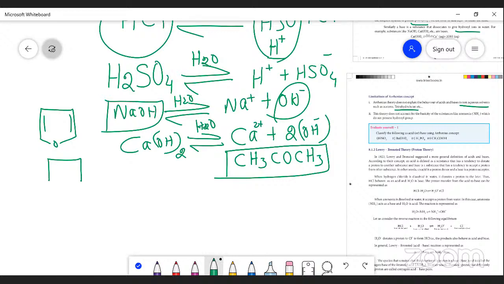If you add 4 hydrogens here, this is called tetrahydrofuran, abbreviated THF. You will come across THF many times in chemistry. The structure is like this. What is the difference between these two? Nothing but 4 extra hydrogens.